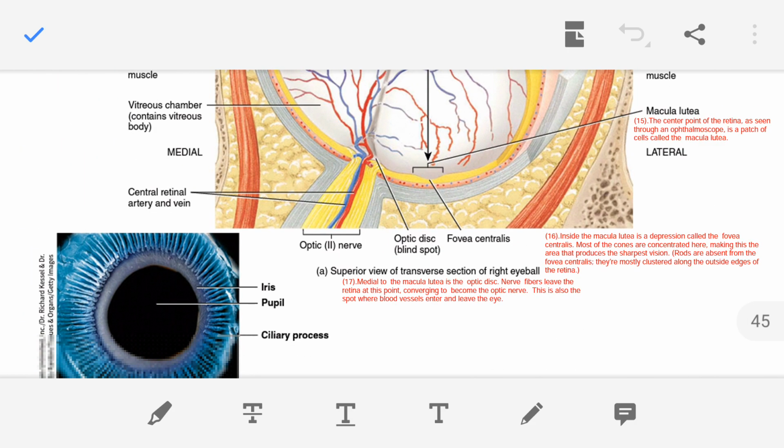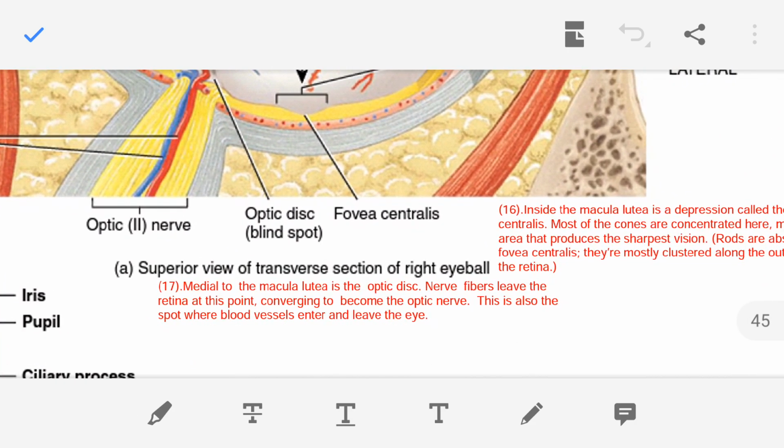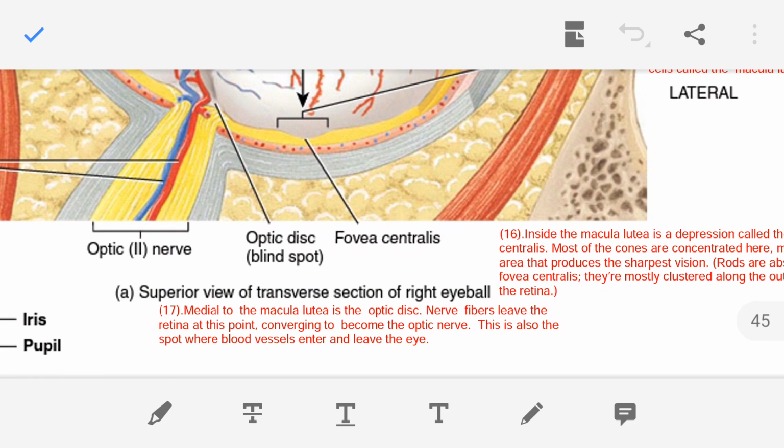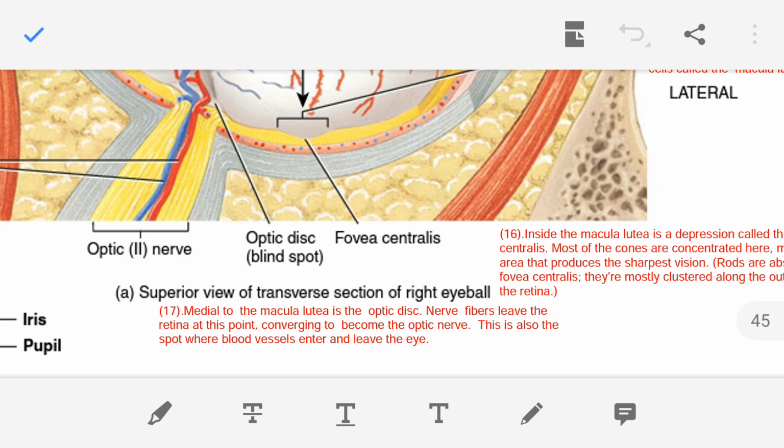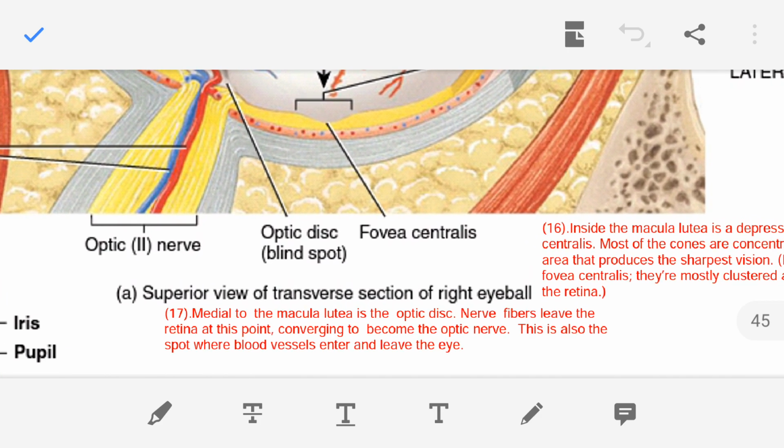Now medial to the macula lutea, the optic disc is present. Here you can see this is the optic disc, and the optic disc is also known as the blind spot. What happens at this optic disc?